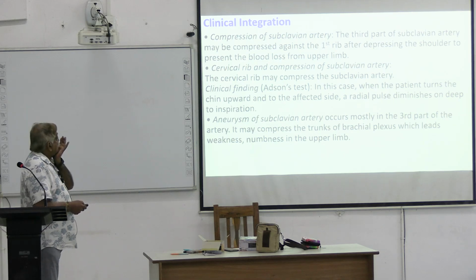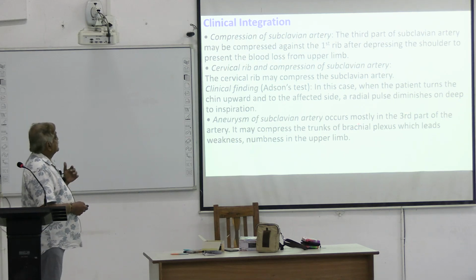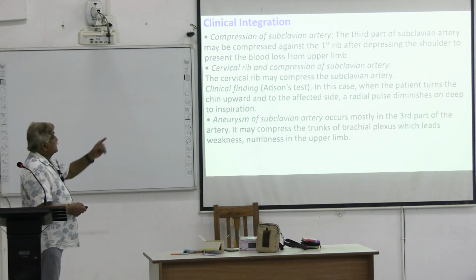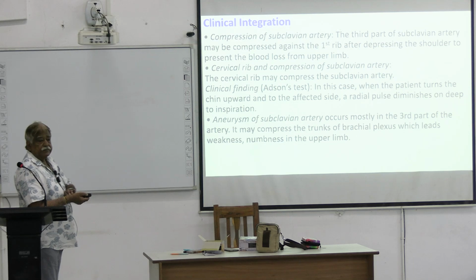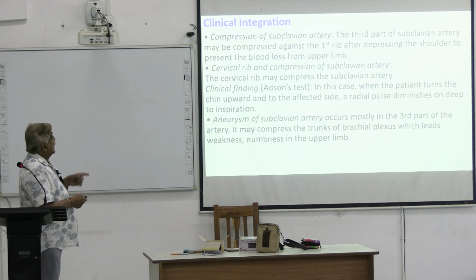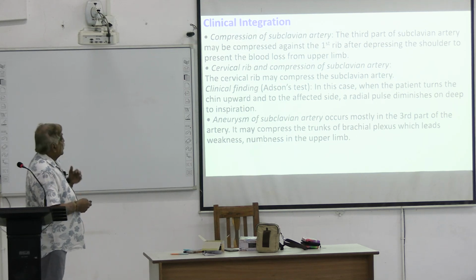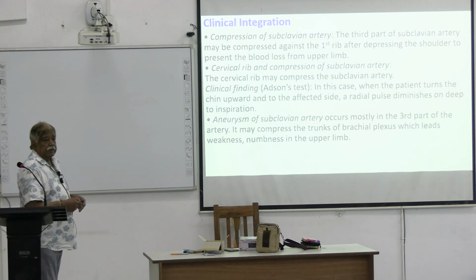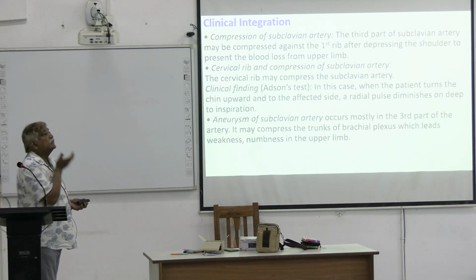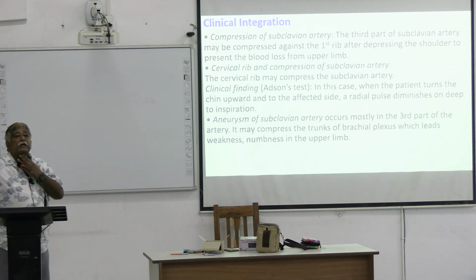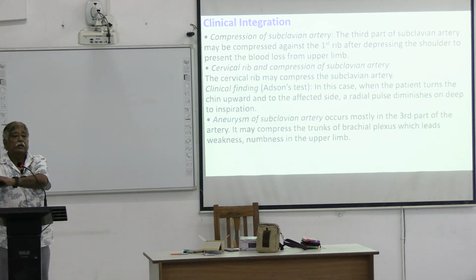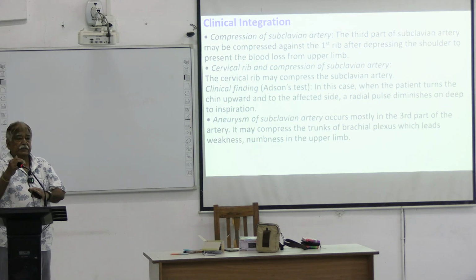You see, when the patient turns the chin upward and to the affected side, then the radial pulse diminishes on deep inspiration. You just do it like this, and then your pulsation will diminish.